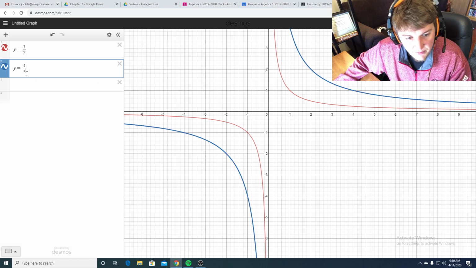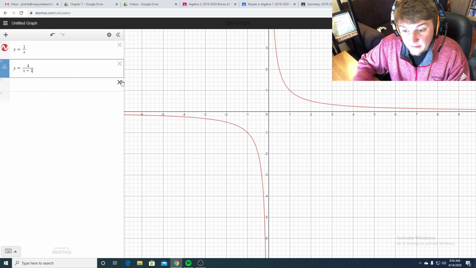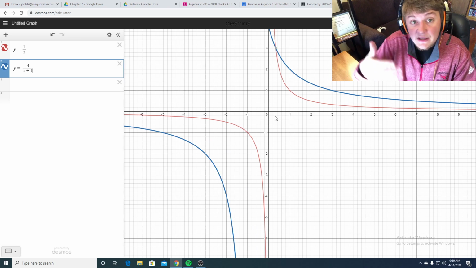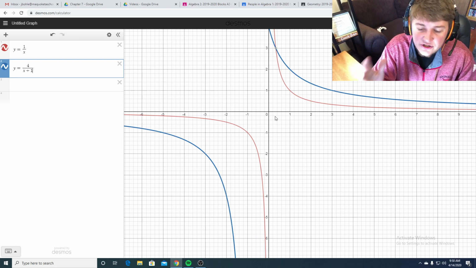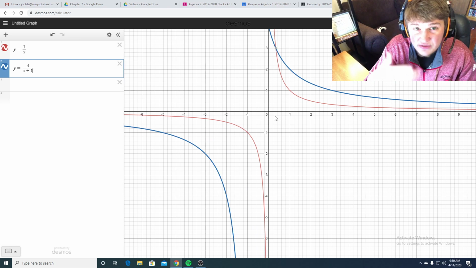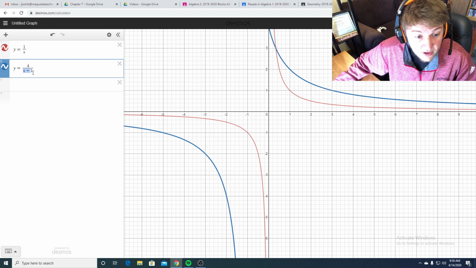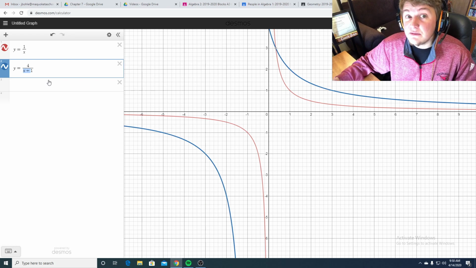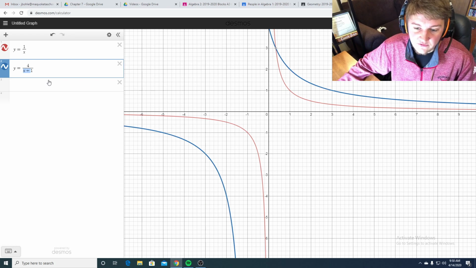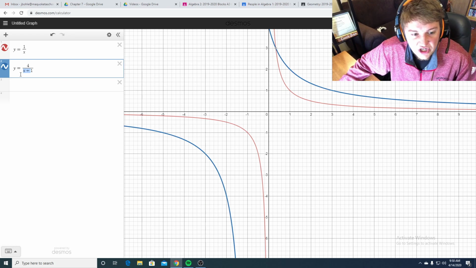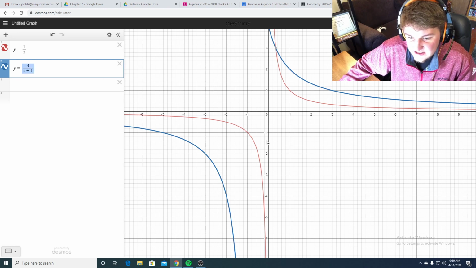Okay, so what about if we put plus 1 on the bottom of that function? Again, this is consistent with absolute value functions, quadratic functions, basically any kind of function that we've done. Within this part, if we put plus 1, even though it seems like it would move it to the right one, it's actually moving it to the left one. So this is changing where my vertical asymptote is. It was previously at x is equal to 0, now it's at x is equal to negative 1.